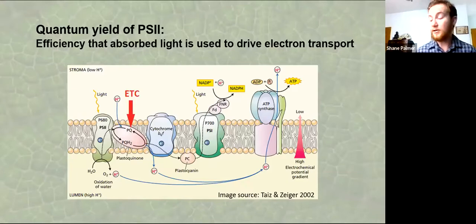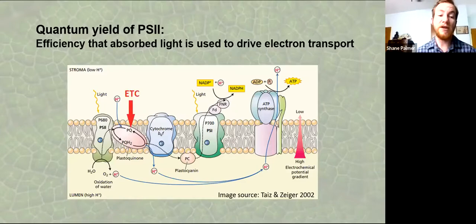Under high light conditions, the reaction centers in PS2 will all be occupied with electrons, and they're not able to as efficiently capture new electrons that might want to jump in there. So this leads to an inefficiency.